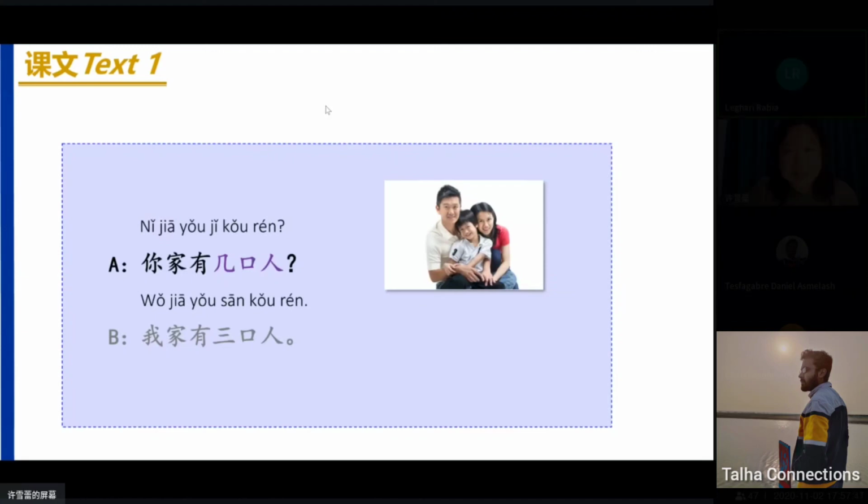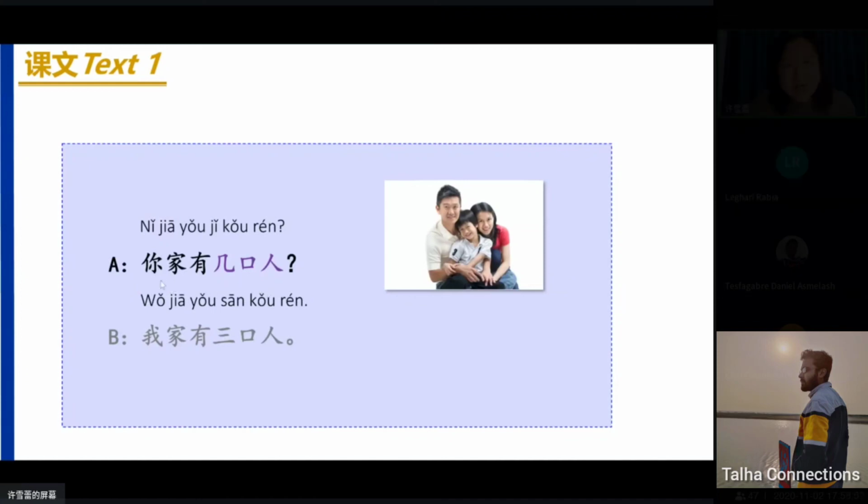You read the numbers continuously. Don't skip any one of them. And the second assignment is optional. Read the tongue twister. And also you can share the recording with me. And then practice asking about the number of family members.